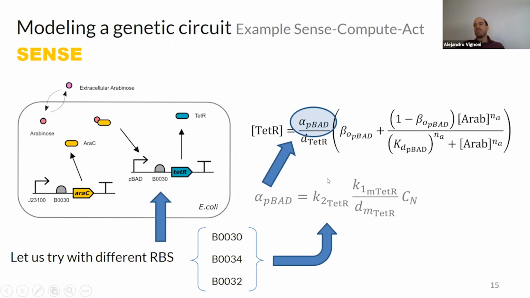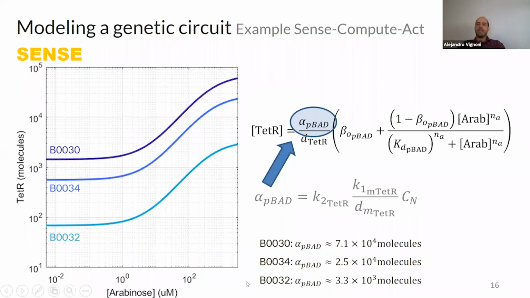And so if we change the RBS, we will be changing this, and alpha p-val will be changing, and we will change this. So the only thing that will change is this, meaning that the curve that we saw in the previous graph will go up and down depending on whether the RBS is a strong one, a middle one, or a weak one.